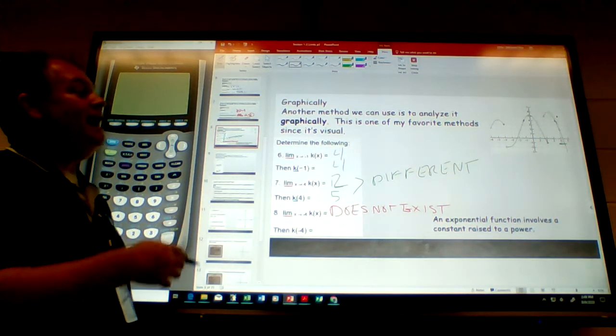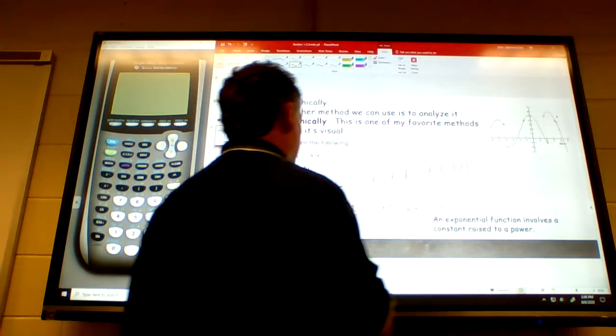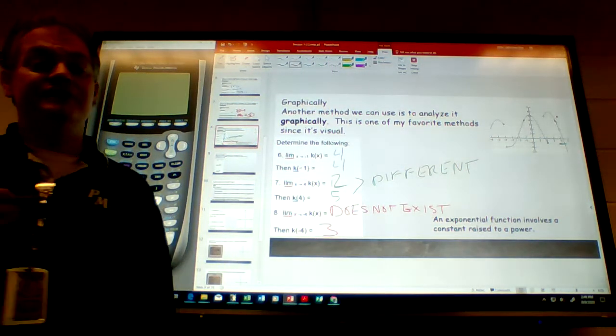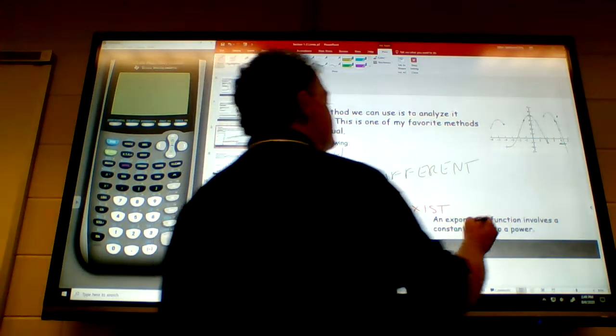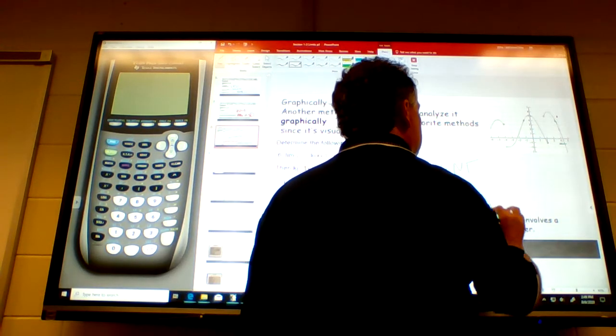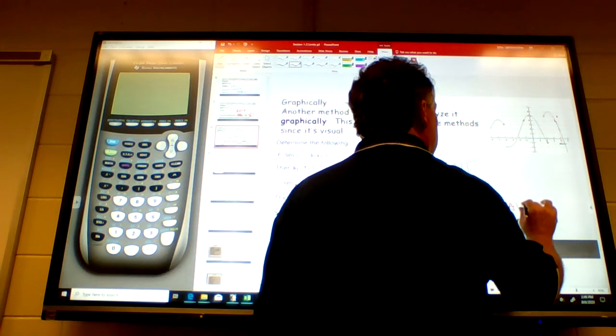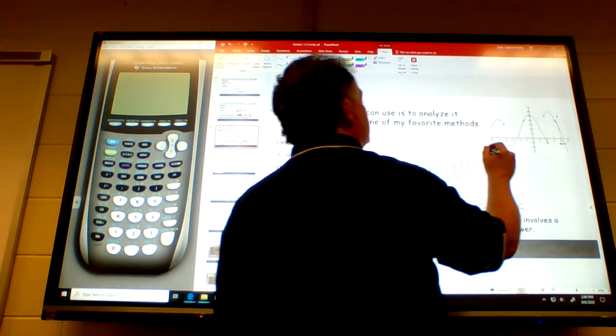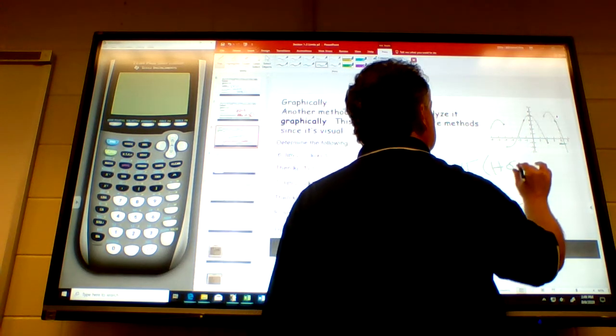But if you look at -4, the function has a value of +3. So they are different values. Here is an example of a break. And this right here is an example of a hole.